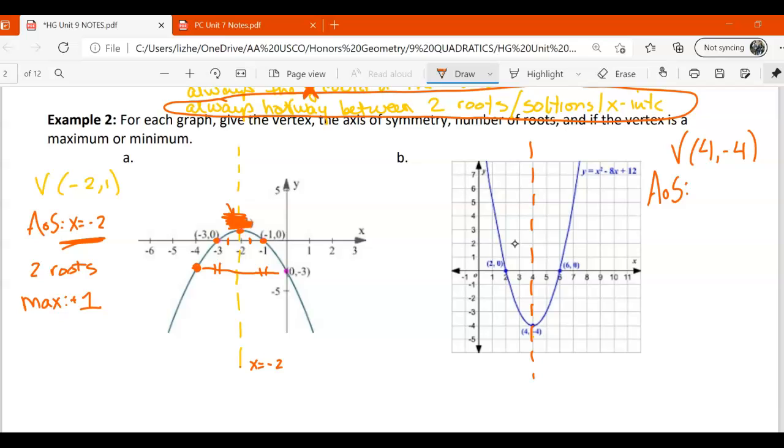It's a vertical line, so I write x equals my x value of my vertex, which is 4. That's my axis of symmetry, an equation. Next, the number of roots, 1, 2. There's 2 roots. And if the vertex is a max or a minimum, this time it is the lowest point on the graph, so it's a minimum. And what is the minimum? My y value of my vertex, which is -4. There we go. I think that's it.